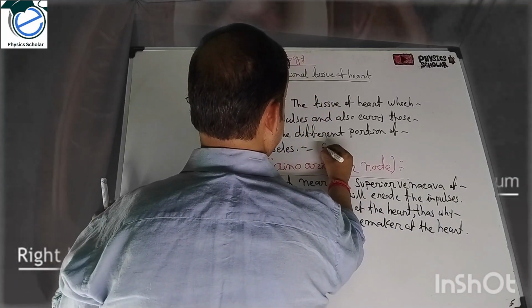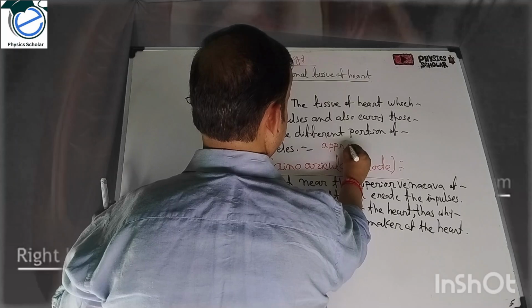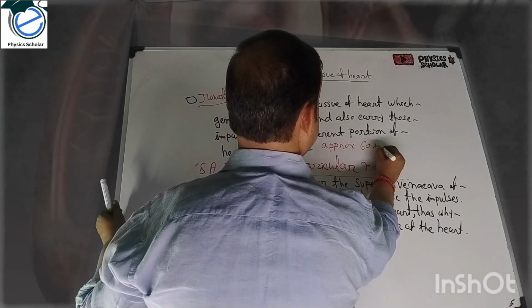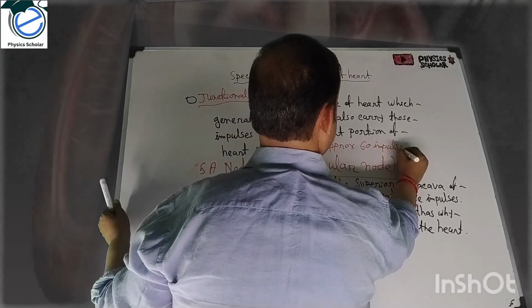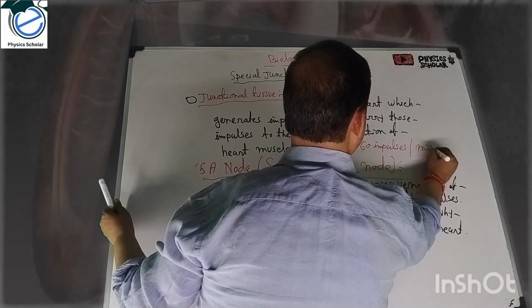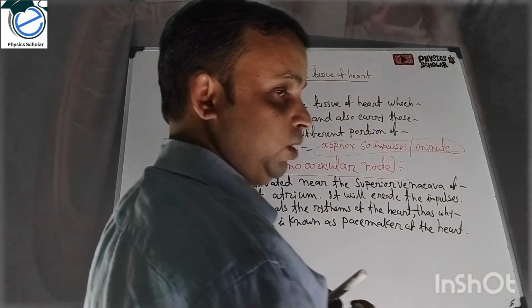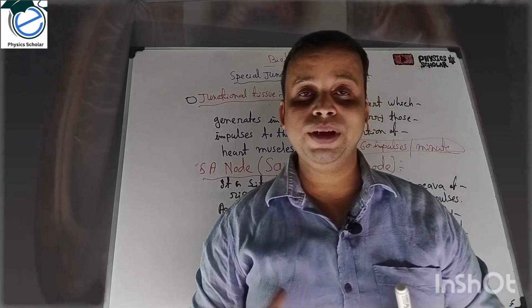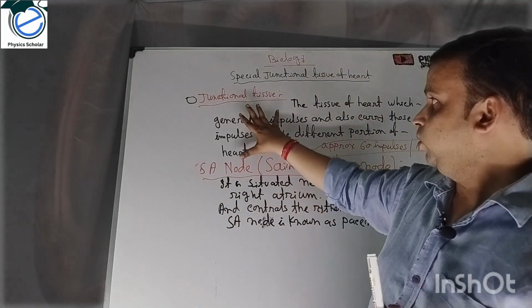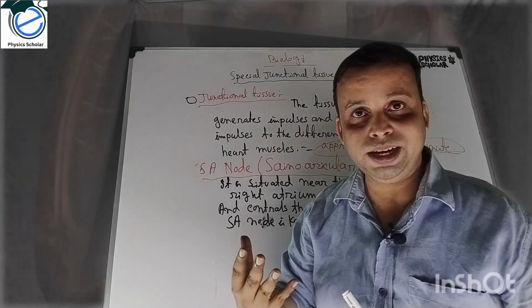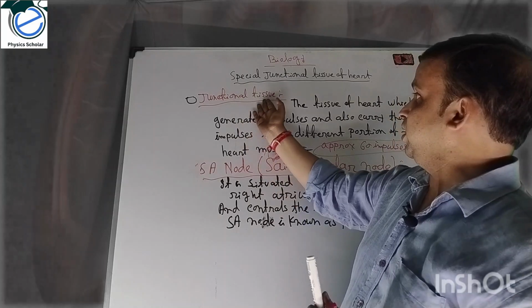The SA node can create approximately 60 impulses per minute. I am explaining once again: it is one type of junctional tissue.